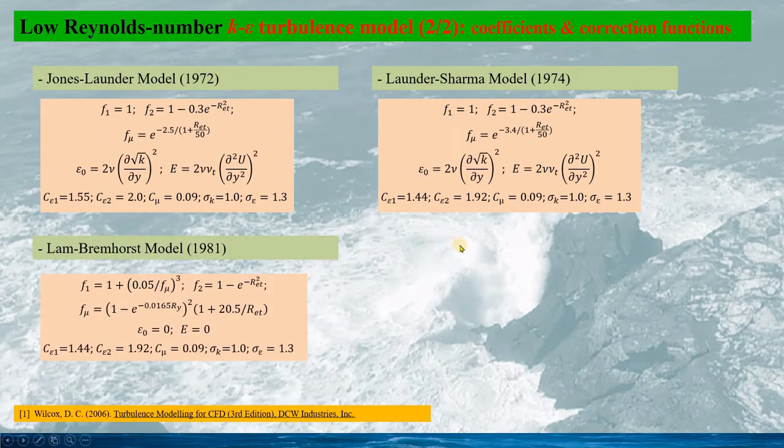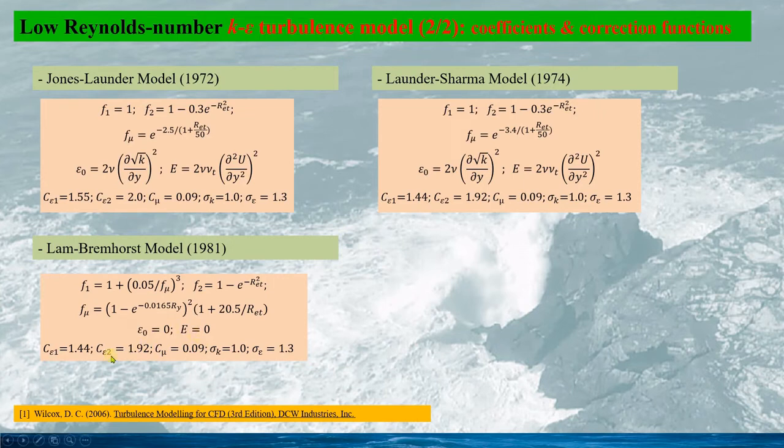And in 1981, Lam and Bremhorst proposed a different low Reynolds number turbulence model. So the functions f1, f2, and f mu are given as this. But here, epsilon 0 and E are both 0.